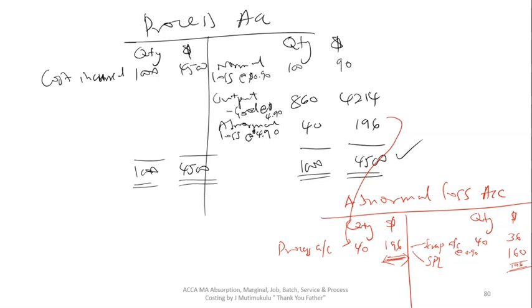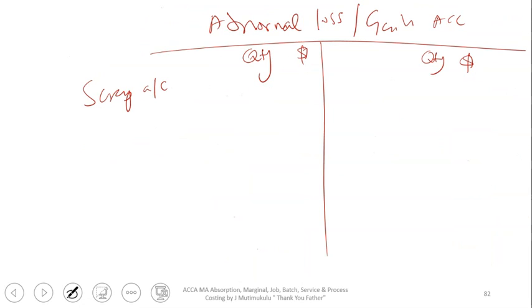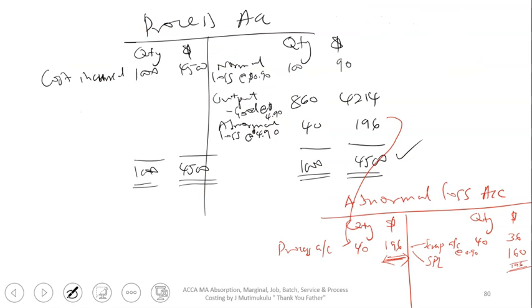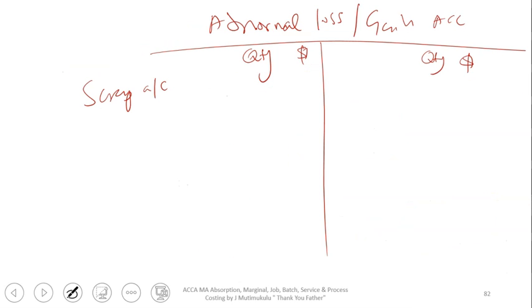So we do the same thing here with the abnormal gain situation. Remember, these are just opposites. You can see the process account in this case was on the debit side of this account. Here we are going to have an inverse situation where we have the process account on the other side.